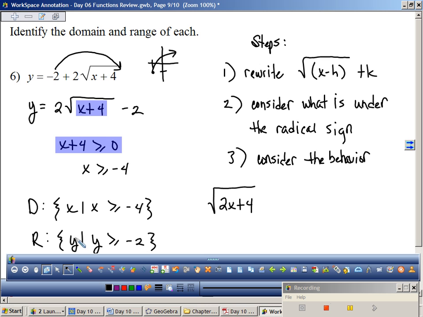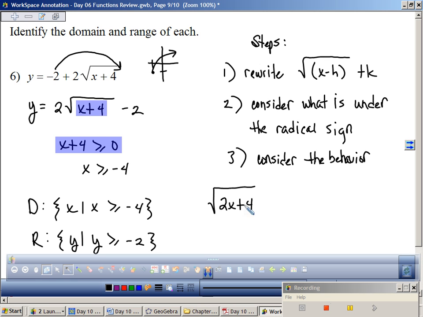Okay, so stop packing up. I've got a thought-provoking question for you. Why would it change the vertex? Because if you equaled it to 0, it would shift the vertex. Not only would it shift the vertex, it would look like this. 2 times x plus 2, that's how the vertex would change, right?